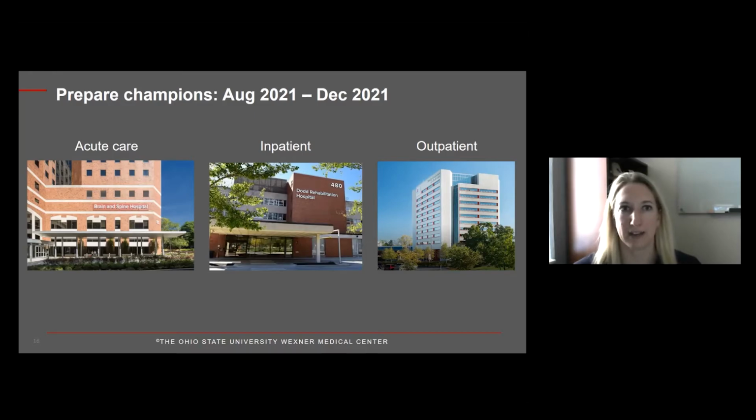So in acute care, you've got one person that is the expert on how to administer the standardized assessments. And then you've got another person who is really that champion for scheduling and handling logistics, and if there are questions that practitioners have, communicating those questions back to the research team. And that really holds true for inpatient as well and outpatient. So that was an interesting finding that we seem to benefit from, having those two co-champions for standardized assessment implementation.